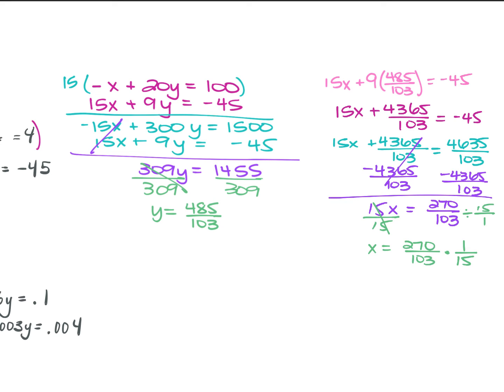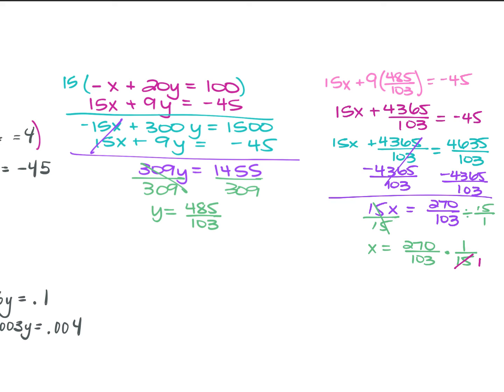The 103 times 15 gives us 1545, which can simplify with the 270. So let's do this. If we divide both of those by 5, this becomes a 3. This becomes a 6. No. 15 goes into 270 evenly 18 times.